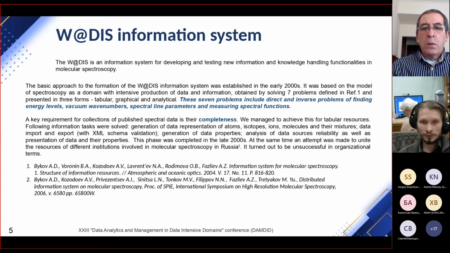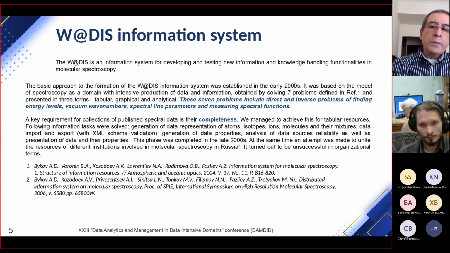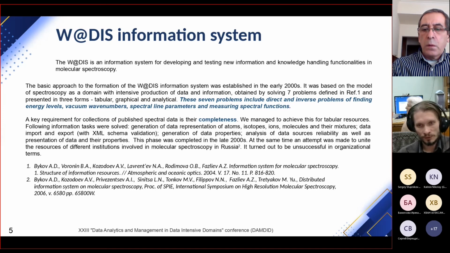We also generate a lot of data properties and analyze the reliability of data sources, as well as present these data properties and the results of this analysis to the user. This phase was completed in the late 2000s.